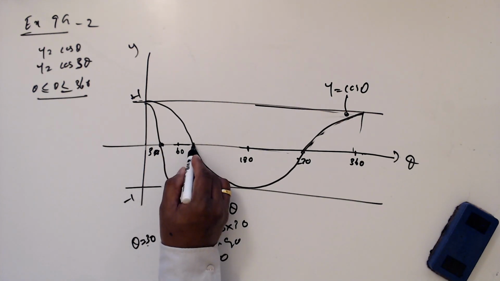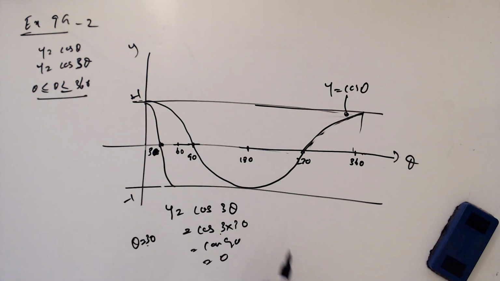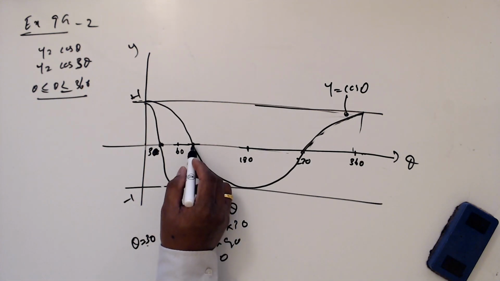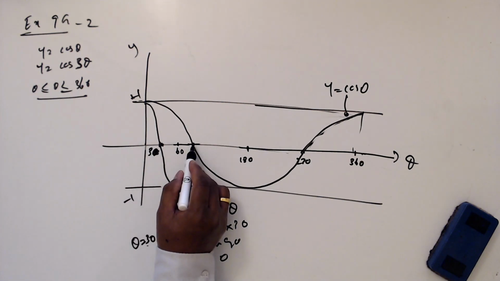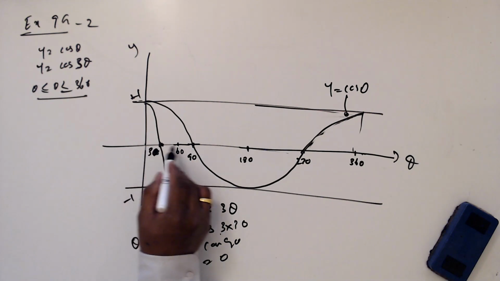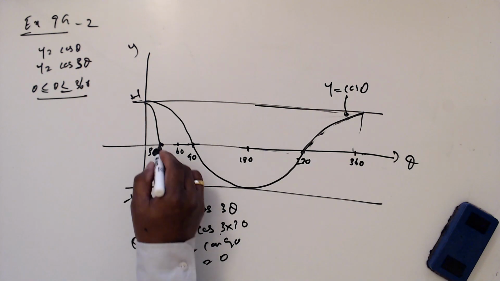This 90 point, this root, is shifted to 30. So these qualities occur. You don't need to wait until you go to 90. That quality will occur at 30, 3 times faster.